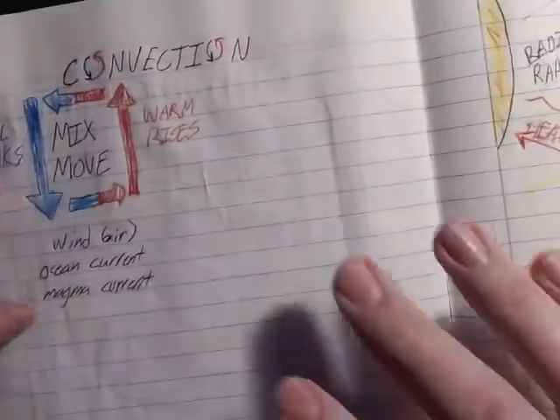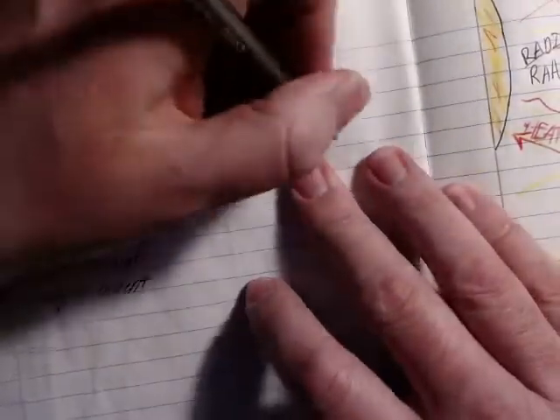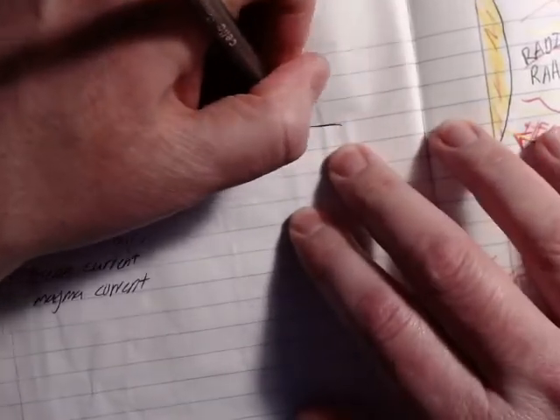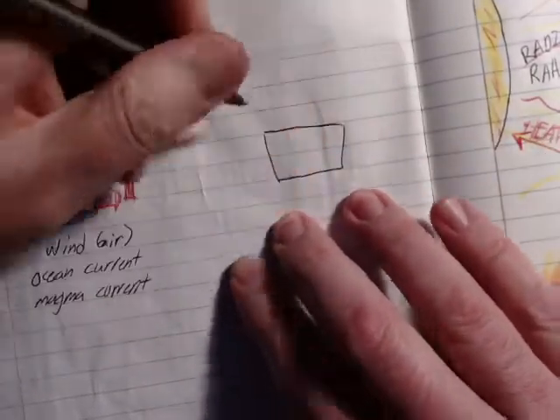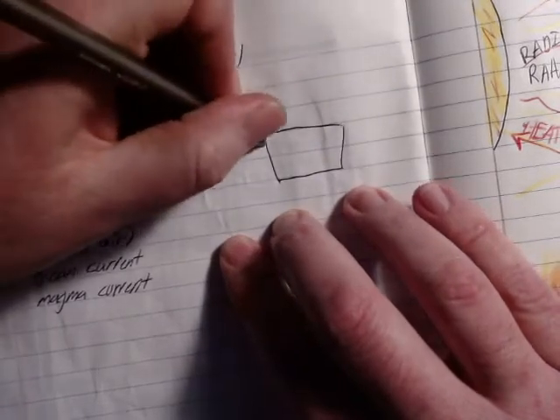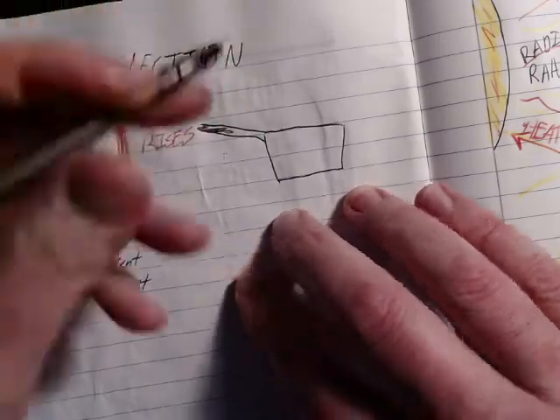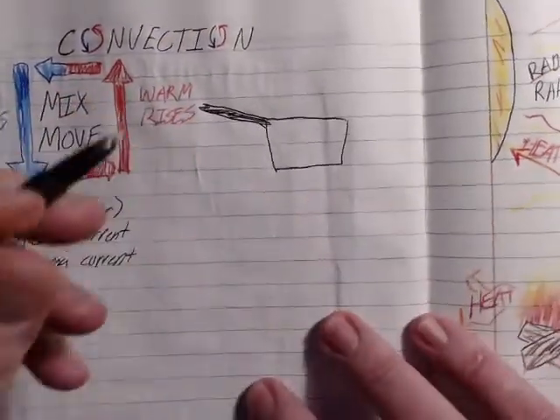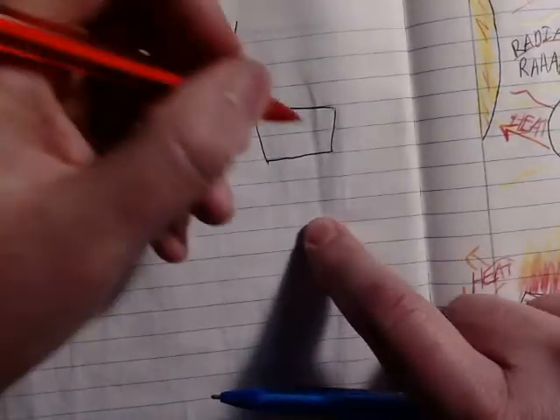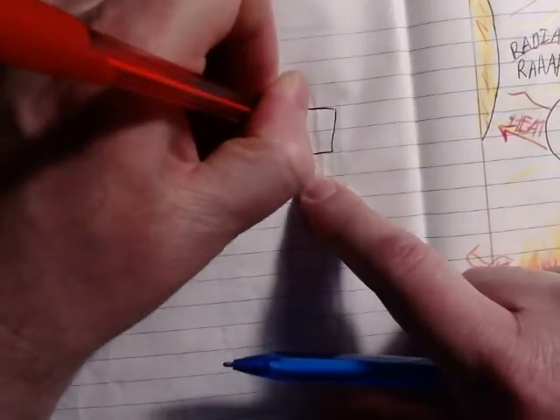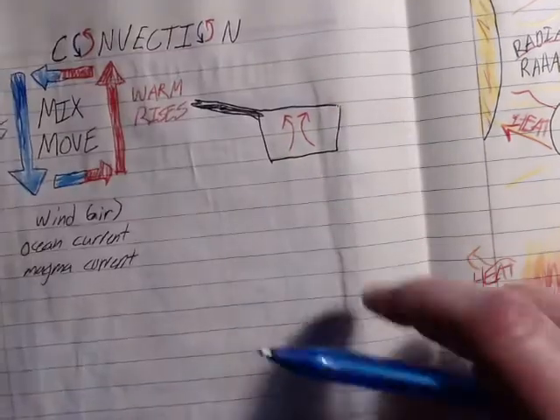So let's do just a few examples of this one. I'm going to go back to my pot. I'm going to make me a pot of soup, and in this pot of soup, we're going to have some currents. What direction does warm go? Warm goes up.